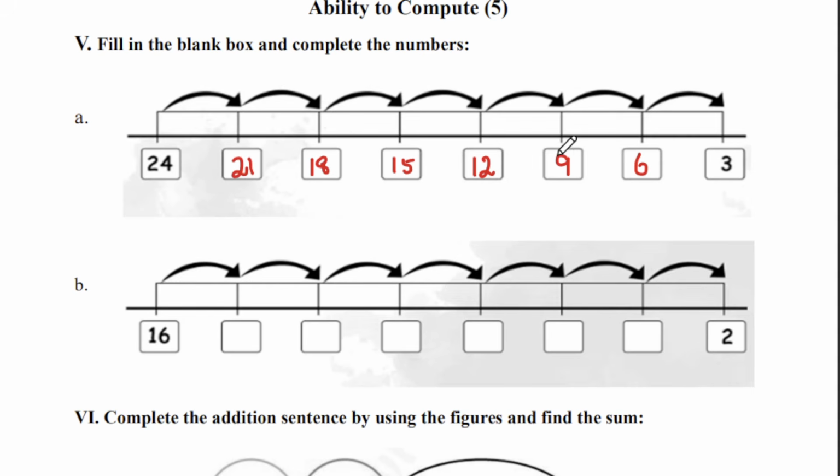So 7 jumps are done, and the 8th we have 24. So 3 eights are 24. Likewise, we have 1, 2, 3, 4, 5, 6, 7, 8. So 3 into 8, which is 24.